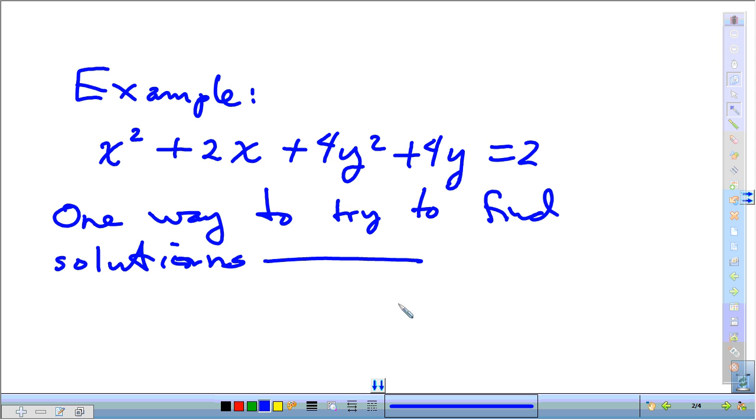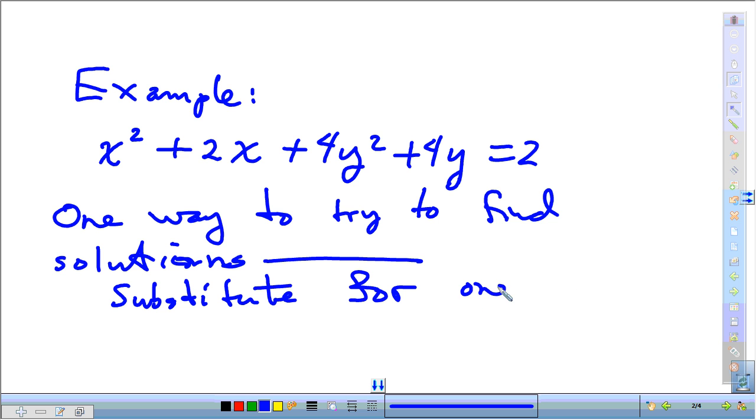So there's one way that we might try to find solutions. We use substitution, and start by just substituting for one variable.